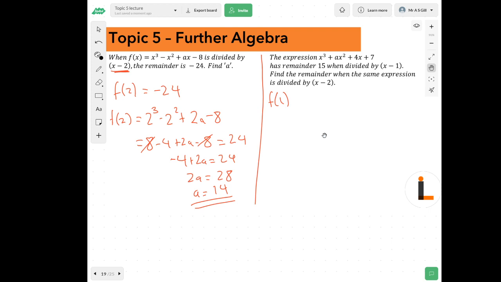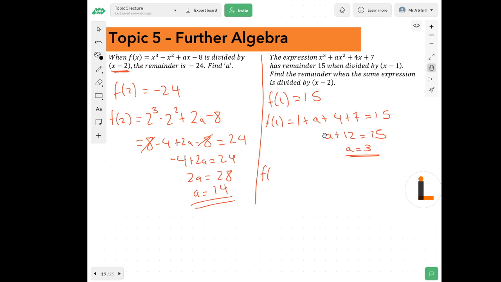I'm just going to start writing up the first part of the solution to the right hand side question. So we should get that value there for a.